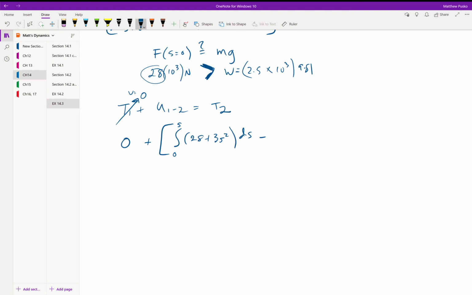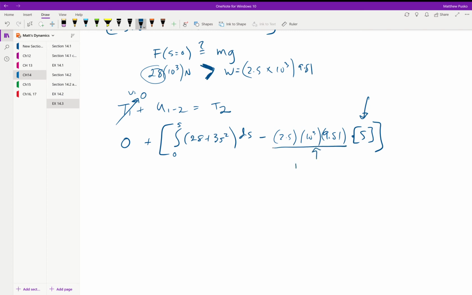We're also going to have a 2.5 times 10 to the third times 9.81 going down times S. Don't forget that S right there. This is very commonly forgot. So why do we not have to integrate this one?